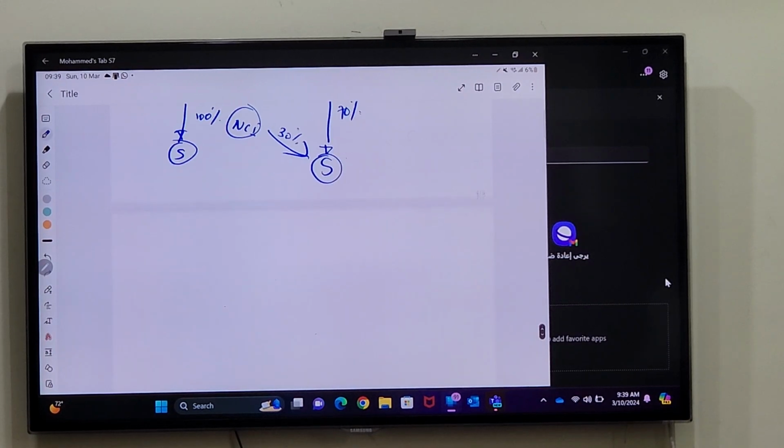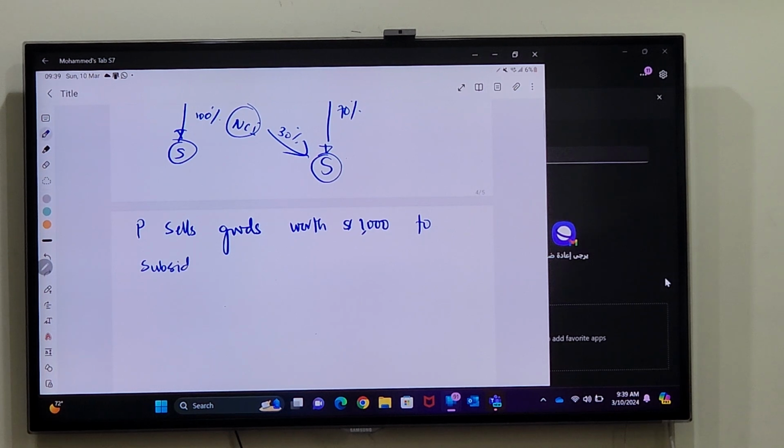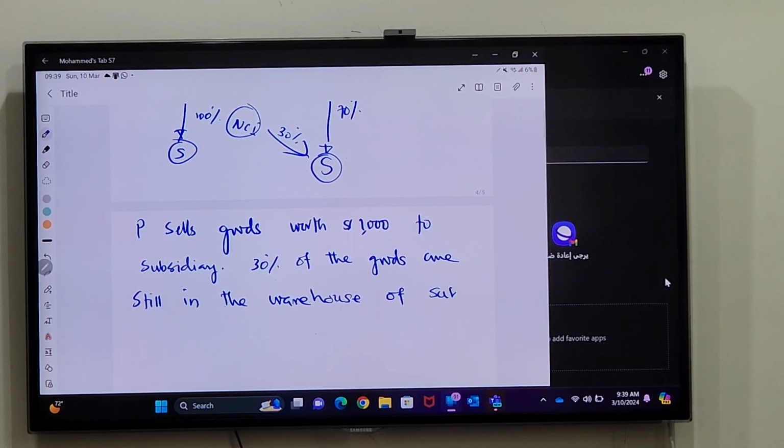So now, let's take an example. Parent company sells goods worth 1 million to subsidiary. 30% of the goods are still in the warehouse of the subsidiary.